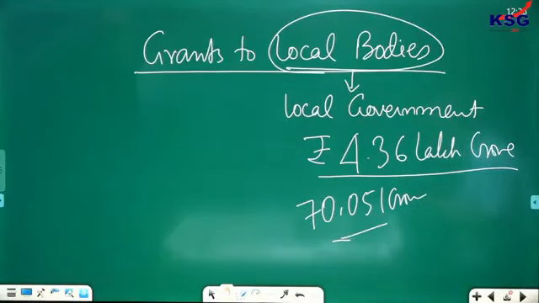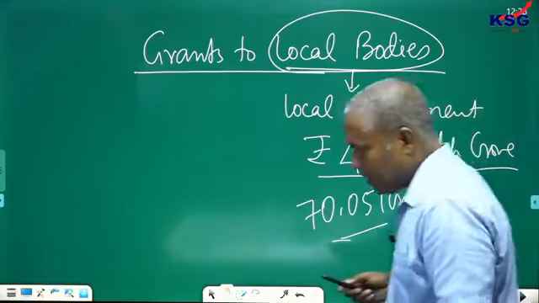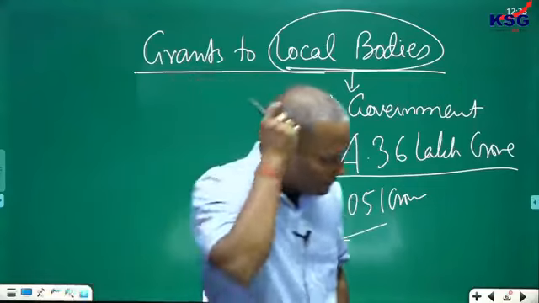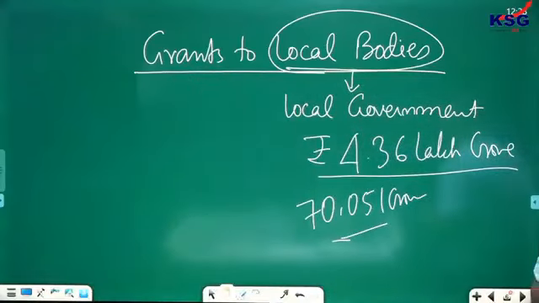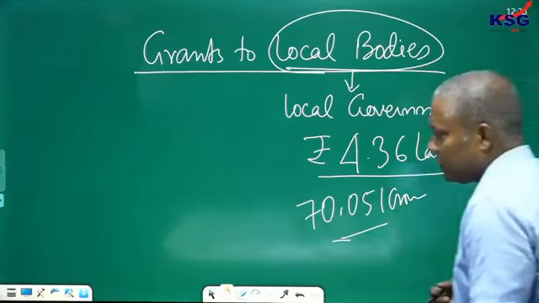Just write: no grants will be released to local bodies of a state after March 2024, if the state does not constitute a state finance commission and act upon its recommendations by then.